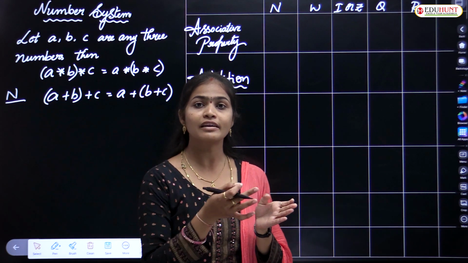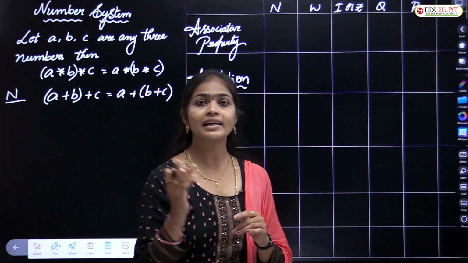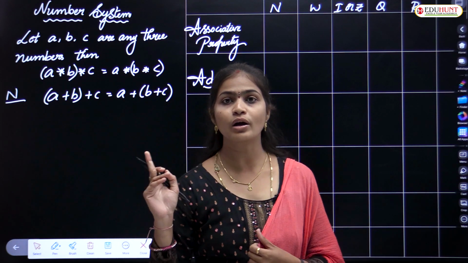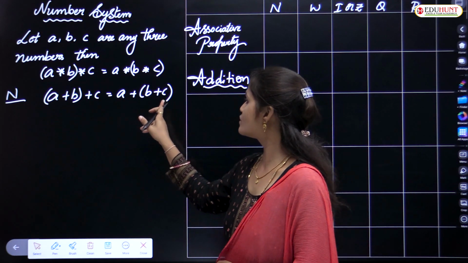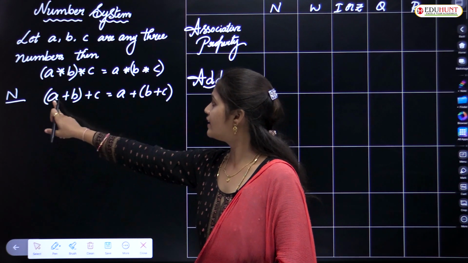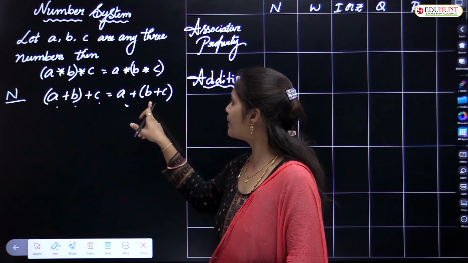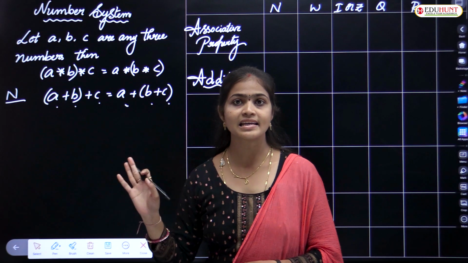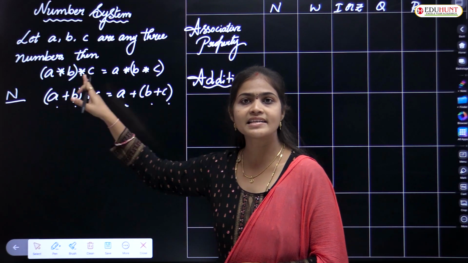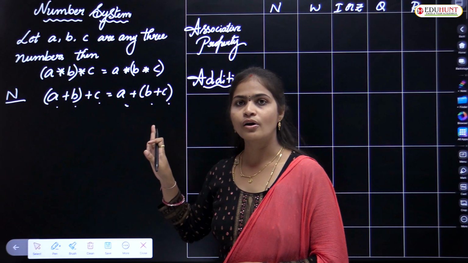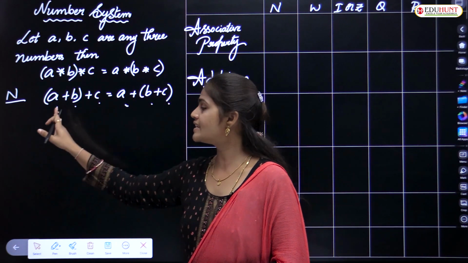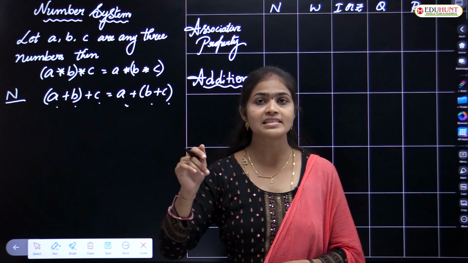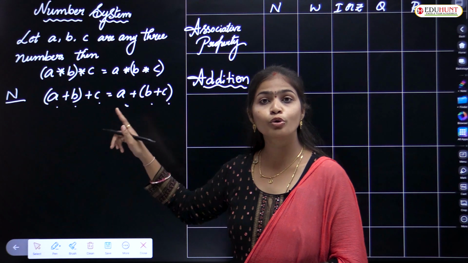If you group them in any way, there is no change in order. As it is in the LHS, it is in the RHS. There is only a change in grouping.